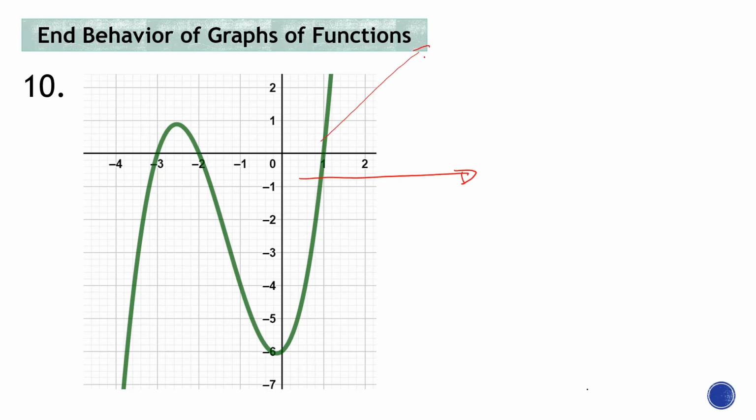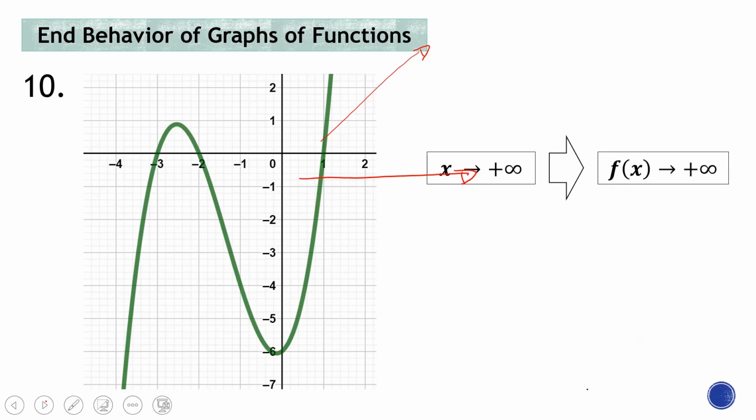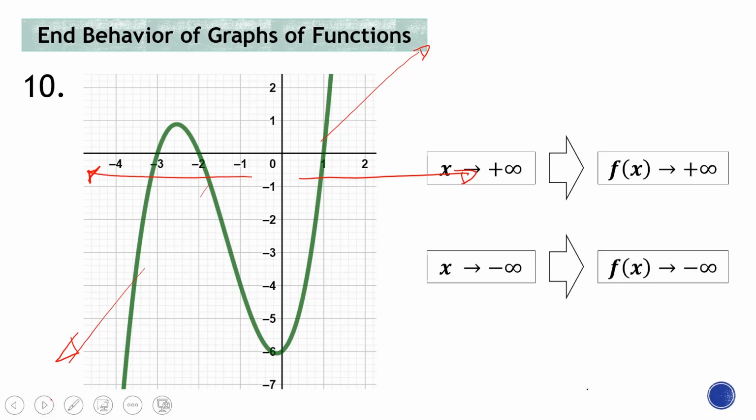Is it going towards this direction? Obviously, yes. So which means that it is approaching positive infinity. How about the left side of the graph? Where is the left side of the graph going as x is approaching negative infinity? It's going towards this direction. It will continue infinitely. That means the f of x is approaching negative infinity.